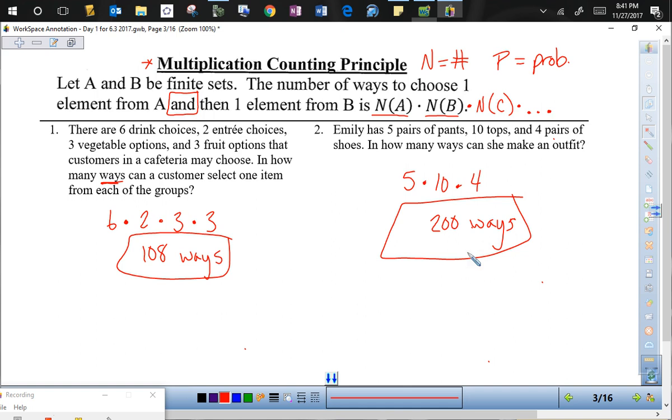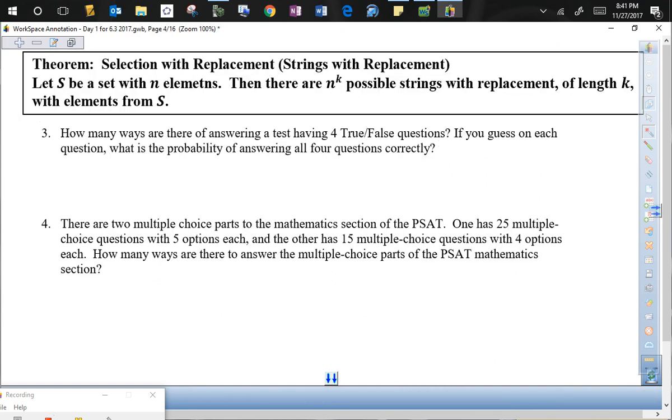Next, we're going to look at a theorem that has selection with replacement, or strings with replacement. A string is just referring to your list of outcomes. So we have S being a set with n elements.